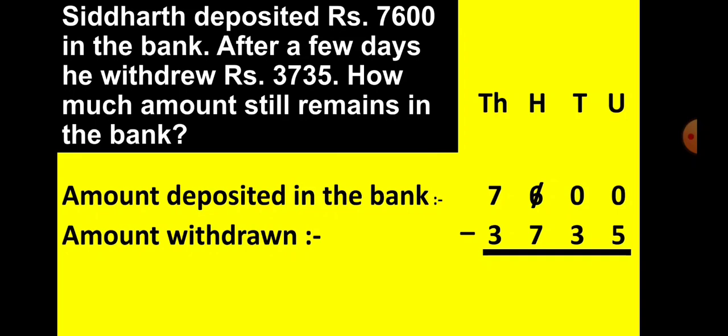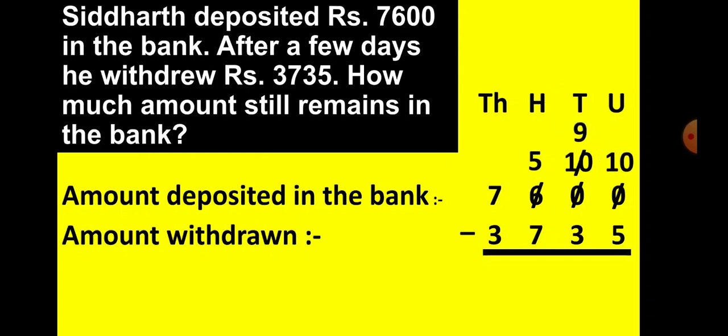So 6 will become 5 and 1 is increasing in the tens place. So 0 becomes 10. Now from the tens place 1 will be borrowed to the units place. So 10 becomes 9 and the number in the units place 0 becomes 10.